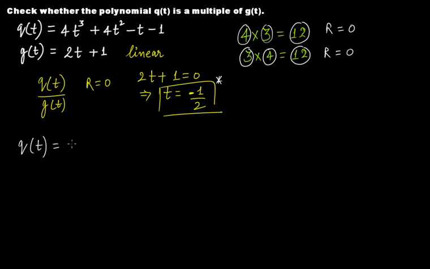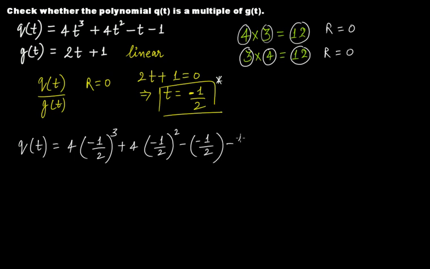So q(minus 1 by 2) is equal to 4 multiplied by minus 1 by 2 whole cubed plus 4 multiplied by minus 1 by 2 whole squared minus 1 by 2 minus 1. This gives you 4 multiplied by minus 1 by 8 plus 4 multiplied by 1 by 4 plus 1 by 2 minus 1.